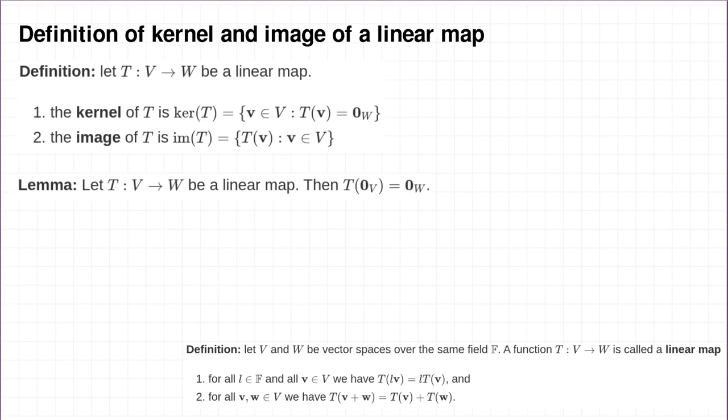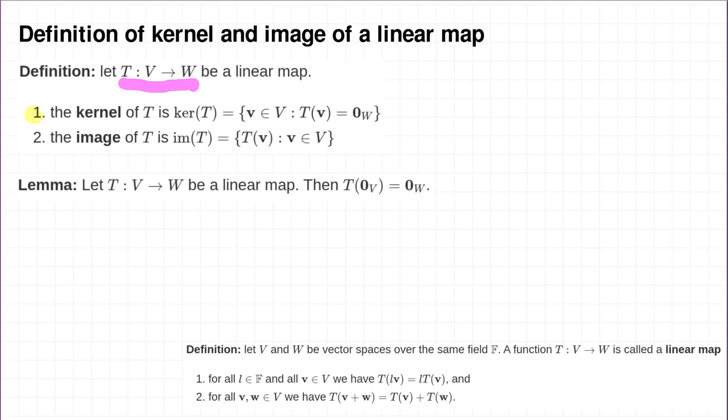We're going to define two subspaces, or two things which will turn out to be subspaces, associated with any linear map. So let's suppose we have a linear map T from a vector space V to the vector space W.